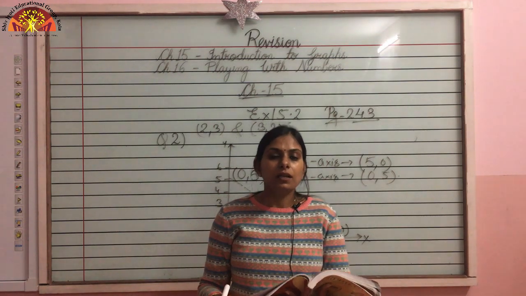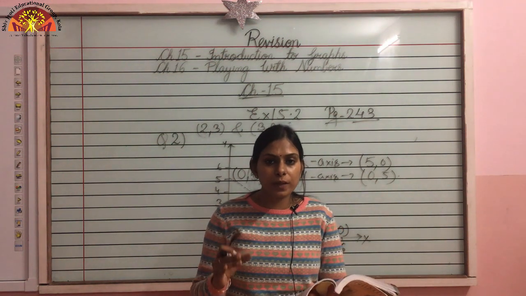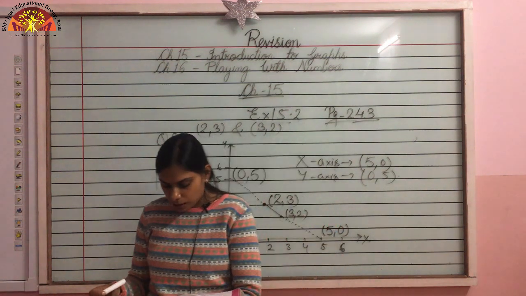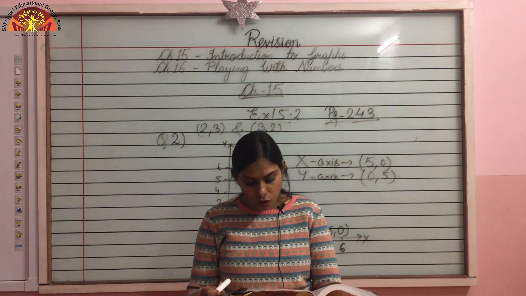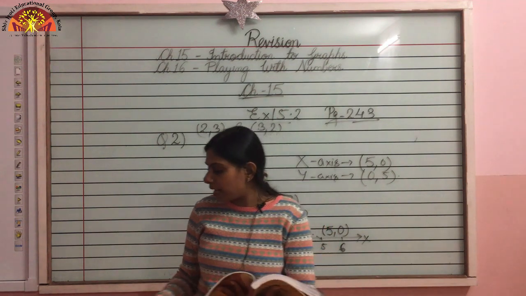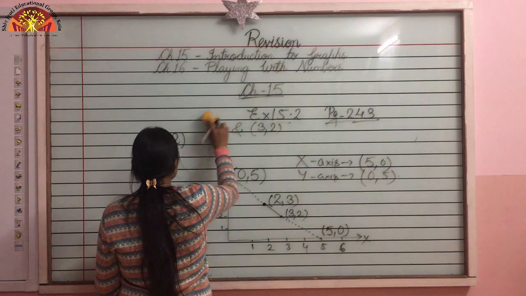Now just see children, when you are plotting this graph, you have to take an appropriate scale before plotting the graph. So just see the A part over here, that is the table given to you for number of apples and the cost, and you have to plot a graph using the appropriate scale on the x-axis and on the y-axis. So we'll just see the first part of it, that is the A part.